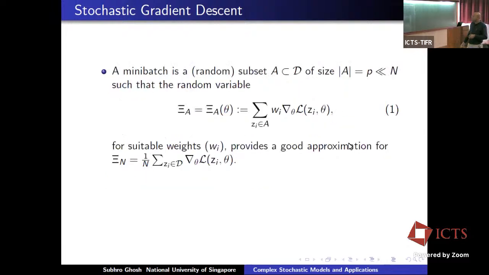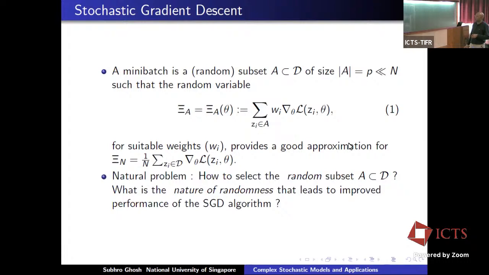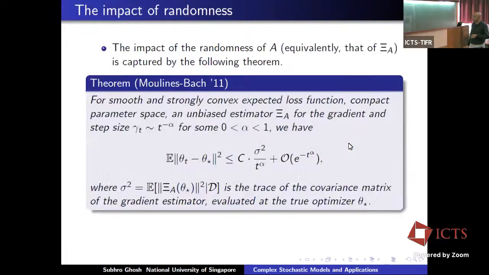Generally speaking, you draw a random subset, a subsample called a mini batch, which we denote by A, and then you take a weighted average of your function over that mini batch. So the natural problem is how to select the random subset A, and what nature of randomness leads to improved performance of the SGD procedure.